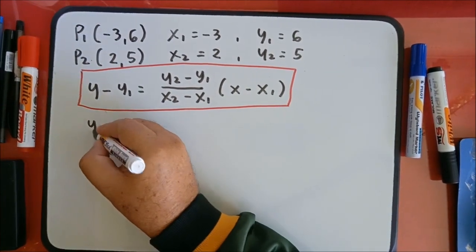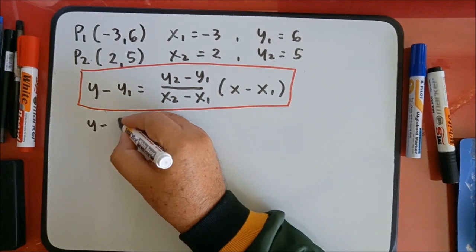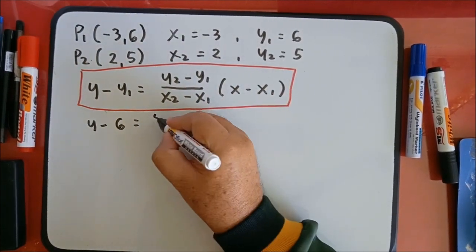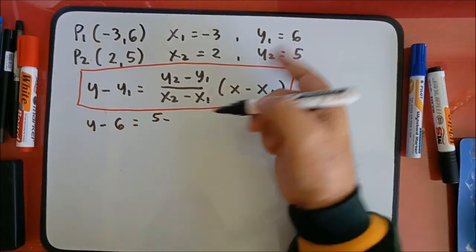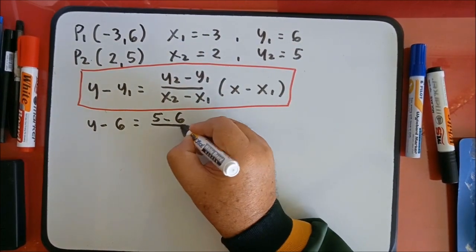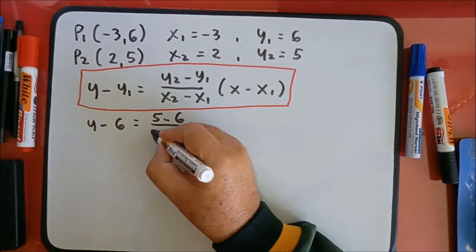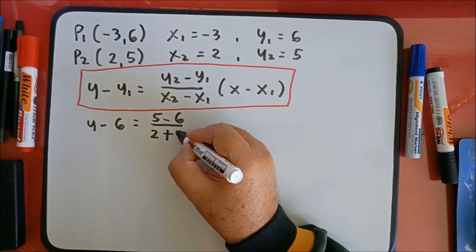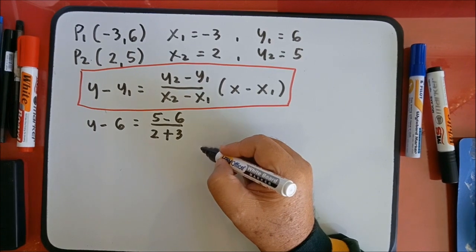So, y minus y sub 1 is equals to y sub 2 minus y sub 1 over x sub 2 minus negative 3. Okay, this will become positive 3.